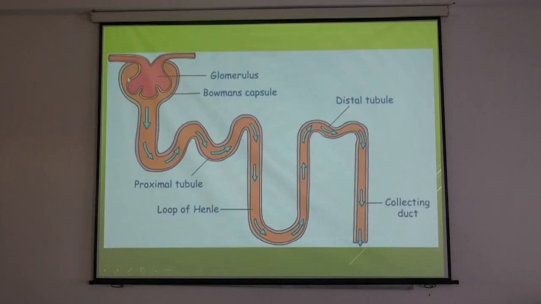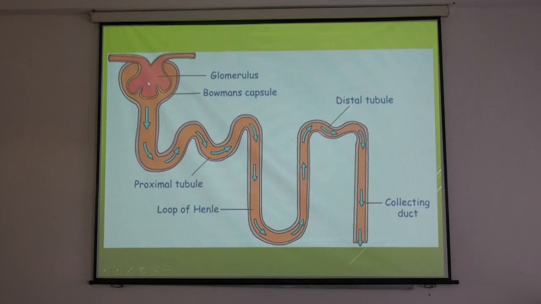So here also, this is the glomerulus, Bowman's capsule, proximal convoluted tubule, loop of Henle, distal convoluted tubule, and collecting duct. Here the blood is coming in, and here the blood is going out.